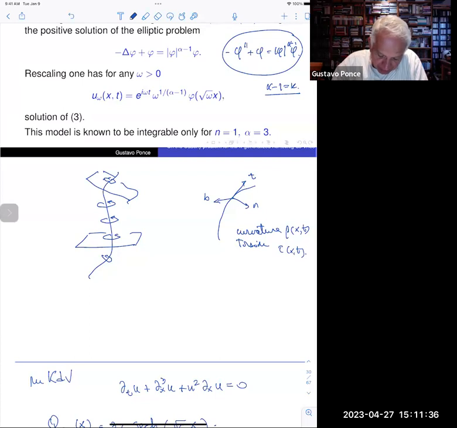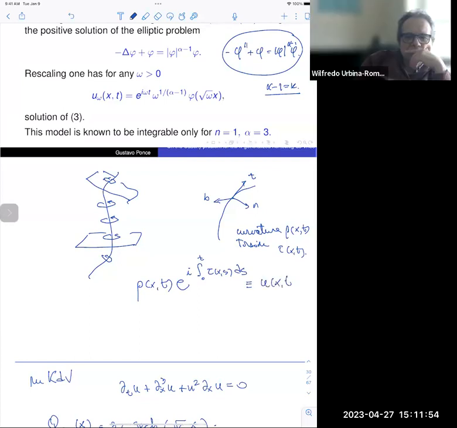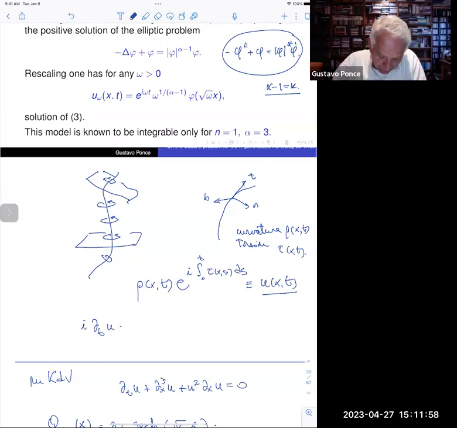Then if you write this, it is a complex function. This complex function evolves according to the cubic Schrödinger equation. Almost true, but there is a correction here.